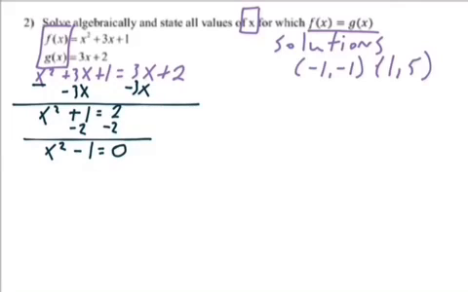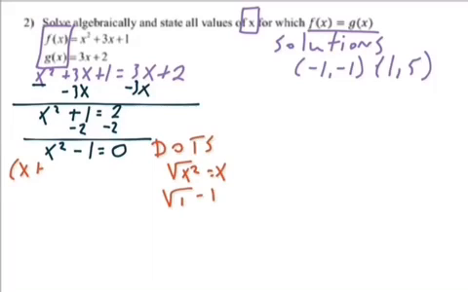To solve this, you can either factor or you can use the quadratic formula. To factor, you would be using the difference of two squares. If you're choosing to factor, you would be taking the square root of x squared, which is x, and the square root of 1, which is 1.